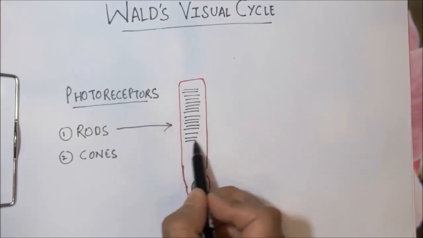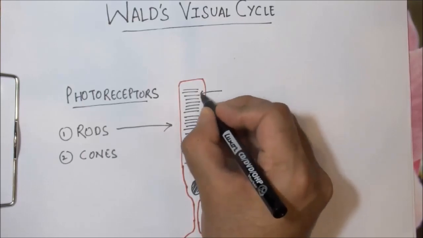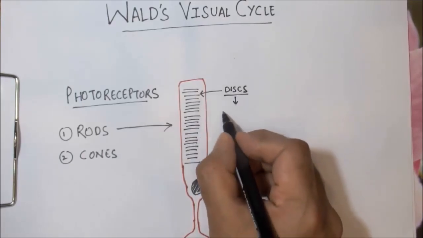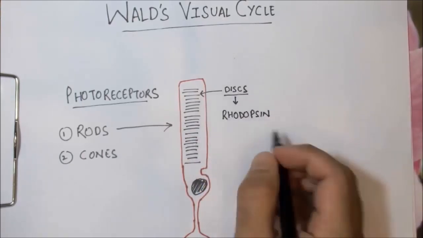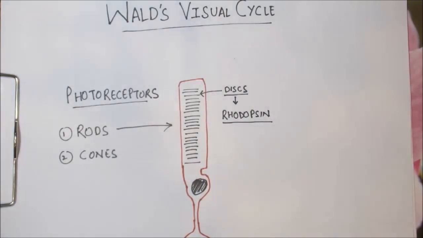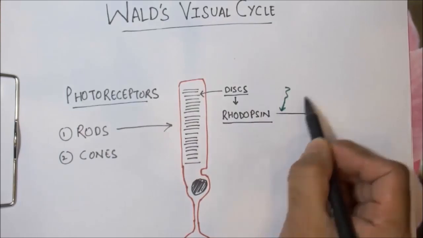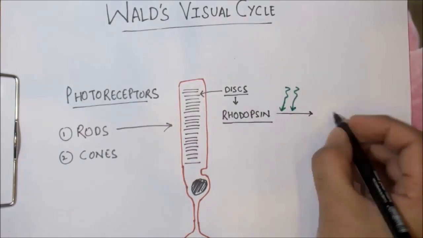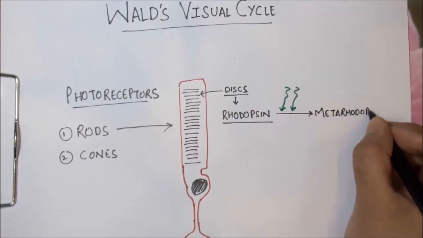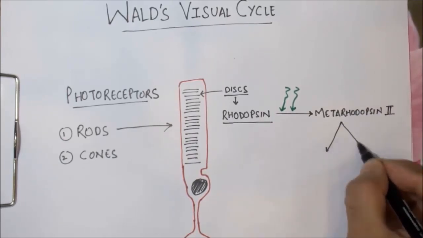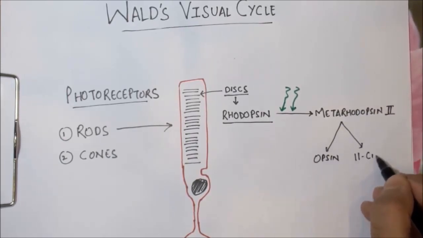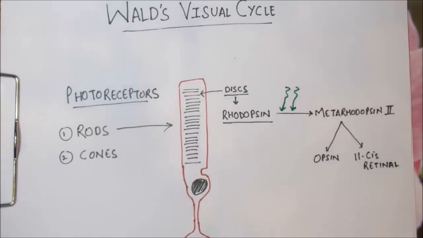It has a long disc area, few mitochondria, and the discs contain rhodopsin. This rhodopsin, on stimulation from light, gets converted into metarhodopsin 2, and this breaks into opsin and 11-cis retinal. And this metarhodopsin is responsible for neural transmission.